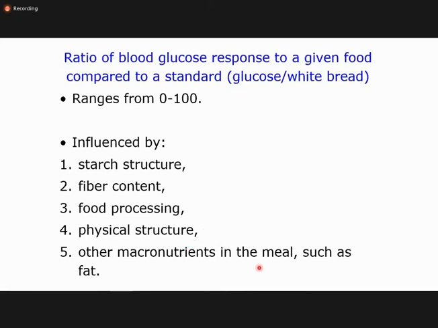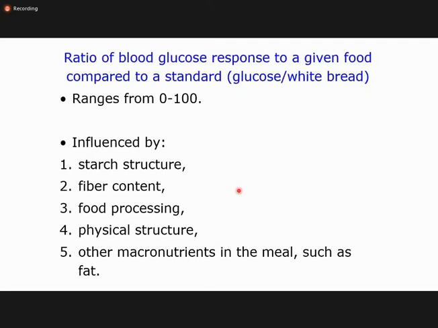Other macronutrients in the meal also play an important role in influencing the glycemic index, such as fat content. If you have more fat content, it will decrease absorption and it will decrease the glycemic index as well. So what is the glycemic index? It is basically a ratio of blood glucose response to a given food compared to a standardized food.